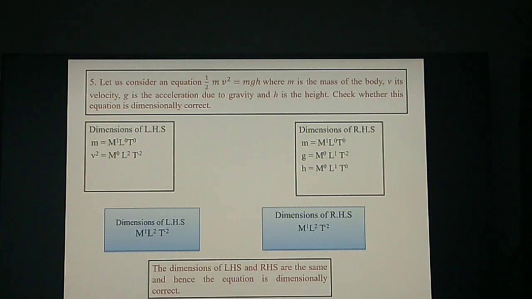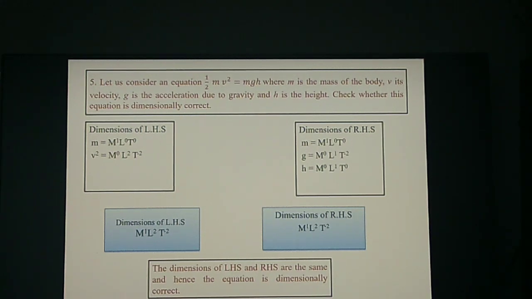dimensionally correct. Now let me remind you once again that this equation being dimensionally correct doesn't mean that it is 100% correct. You need to check something else also. Maybe half mv square is not the point. You can write 2 mv square also. Even then LHS will be equal to RHS, but then it may not be valid.